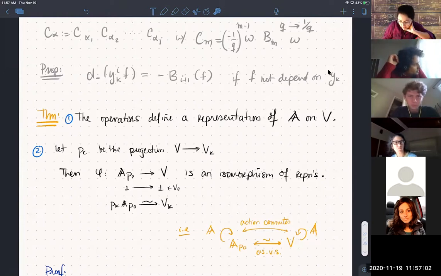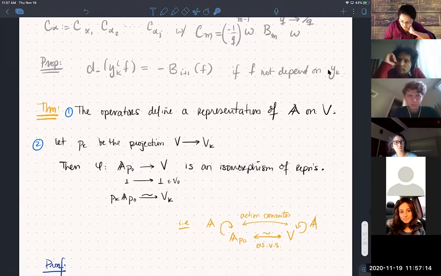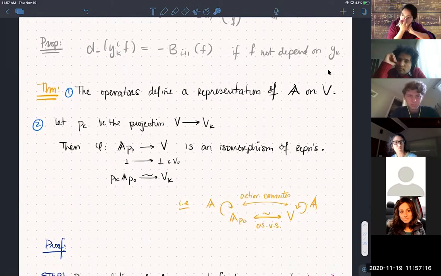And if you consider a map from this vector space to V, then the statement is that this is an isomorphism of representations. So for those of you who might not be super familiar with representation theory, let me remind you what this statement is saying.